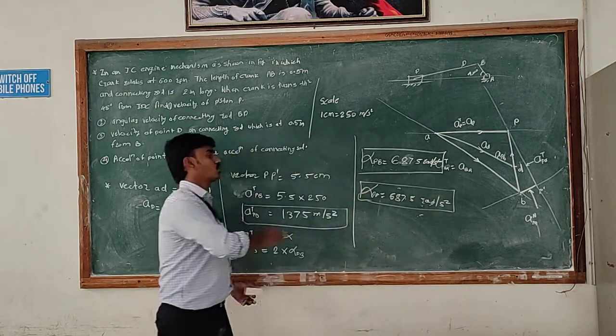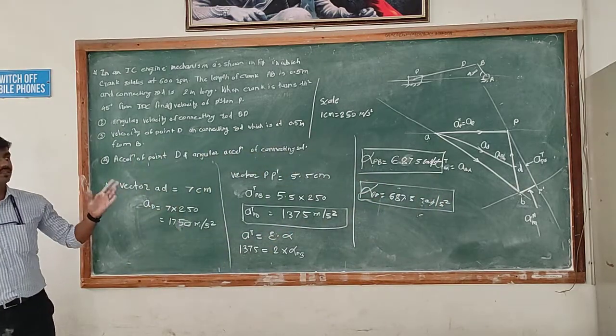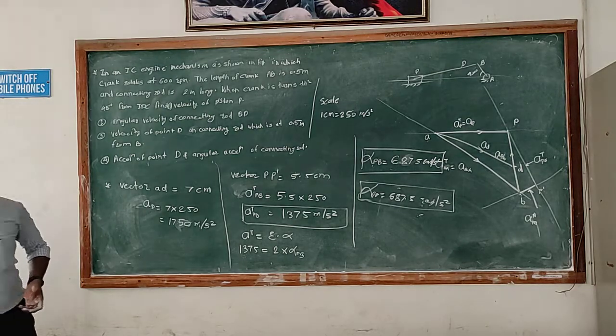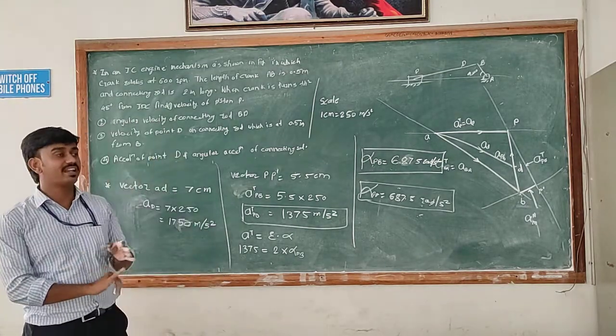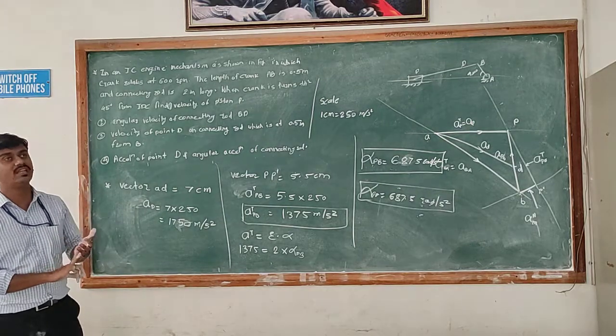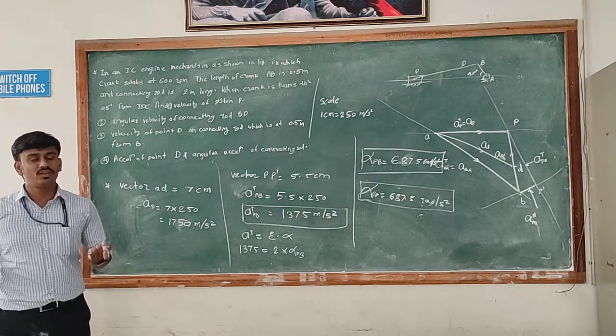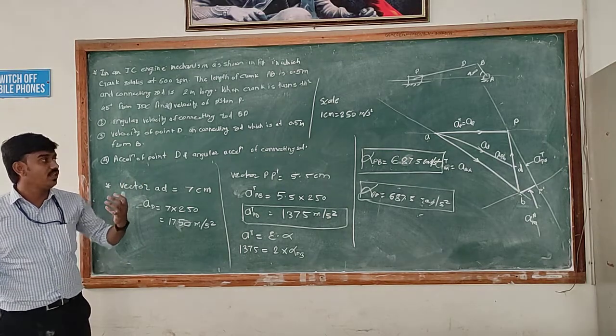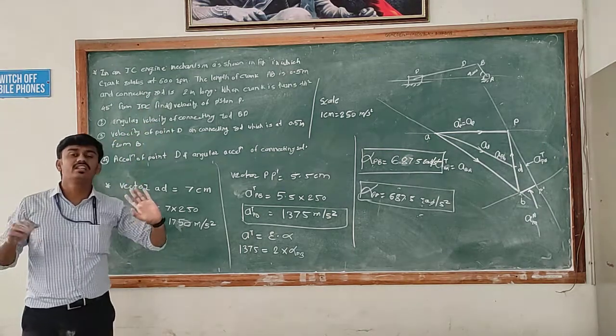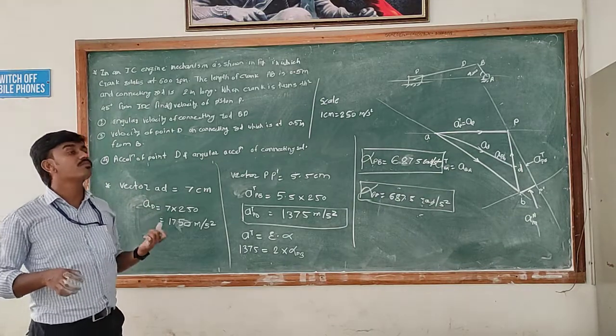So this is the overall solution of our numerical. It shows how we can use the relative velocity method to find the acceleration, velocity, angular acceleration, angular velocity, linear acceleration and linear velocity of any link in a given mechanism. Okay.